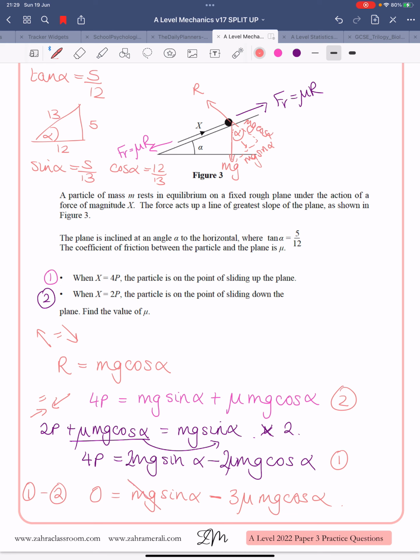I can cancel the mg's out, and I end up with sin alpha equals 3 mu cos alpha. Right, so we've got sin alpha equals 3 mu cos alpha.